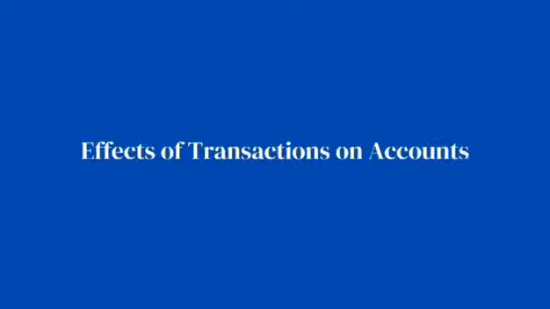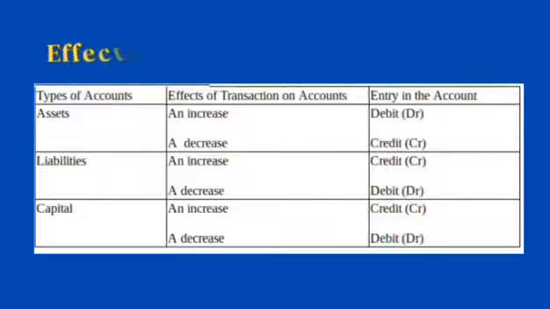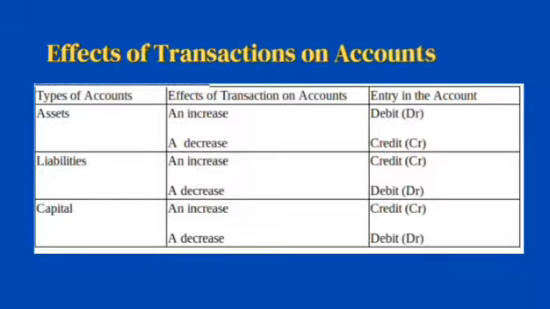Effects of transaction on accounts. So here we have the three real accounts: the asset, liability, and capital. So as assets increase, we debit. As assets decrease, you make a credit entry. As a liability increases, you make a credit entry.